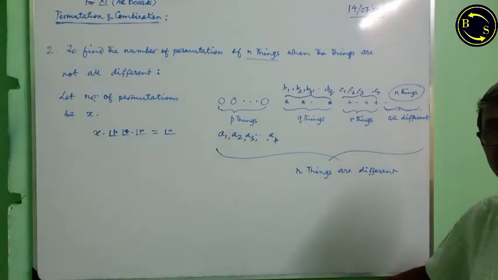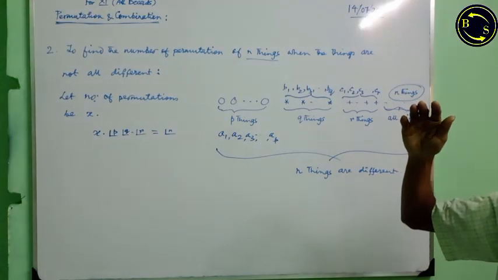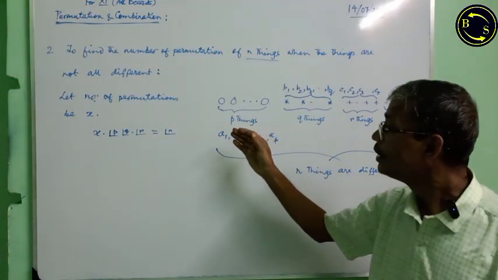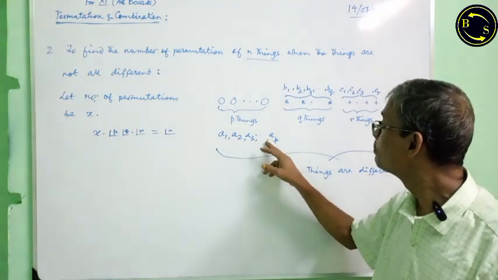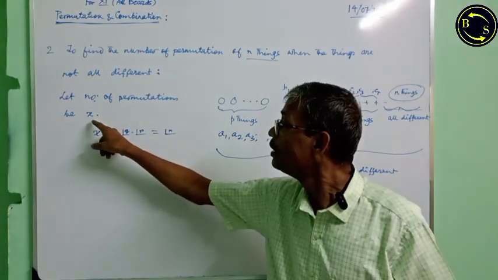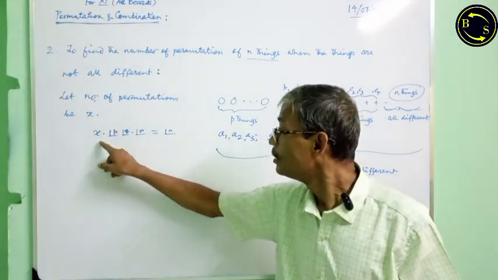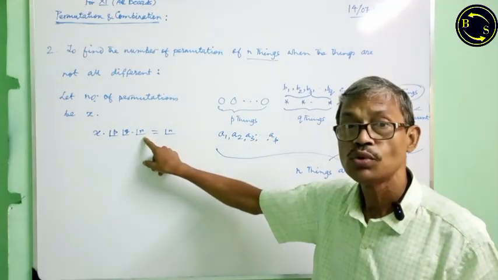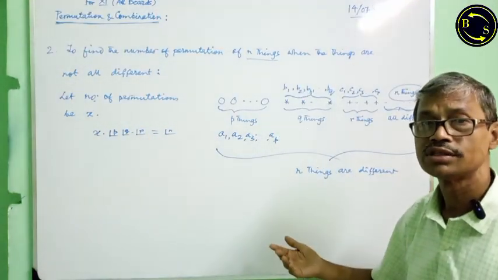After these replacements, all n things are different. If the original number of permutations is x, then after replacement this will be the number of arrangements.